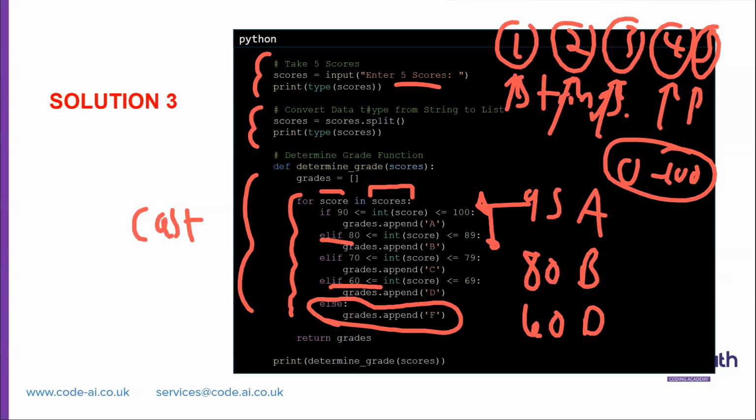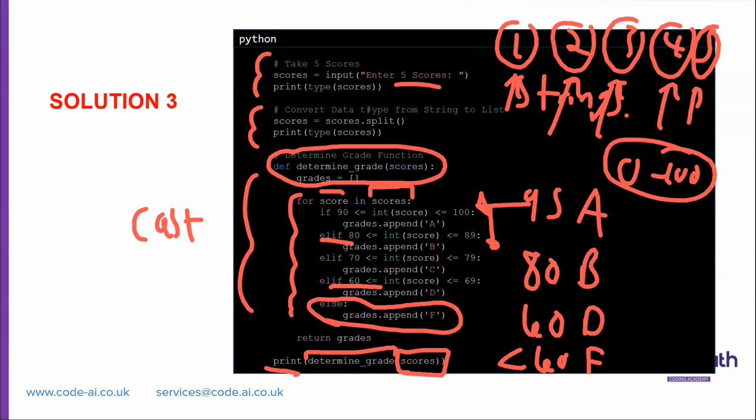And when you run into the dropout part of the code, then it's going to give you an F. So anything less than 60 is going to give you an F. And then all we do is we just print out the function call that we pass scores to. And this is the function over here with def determine grade.